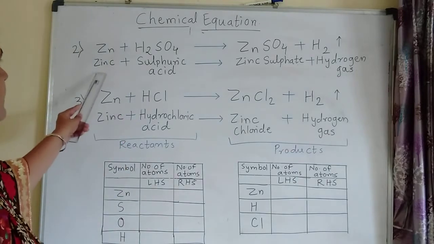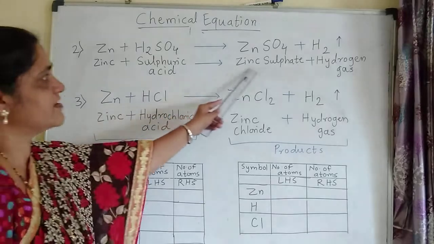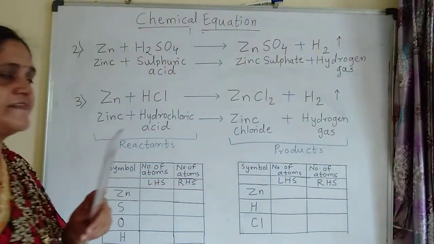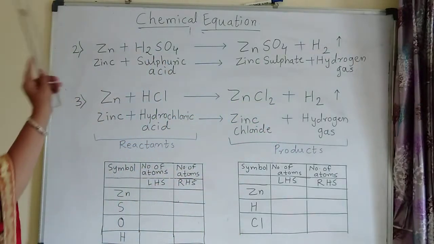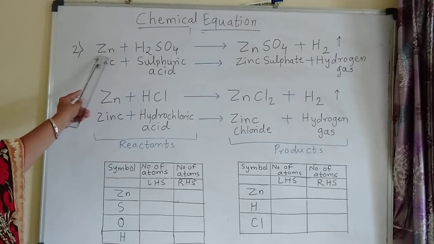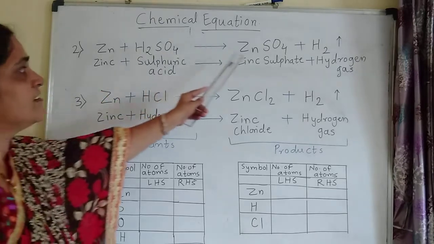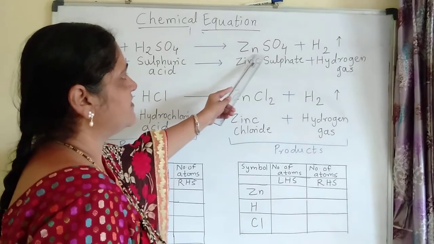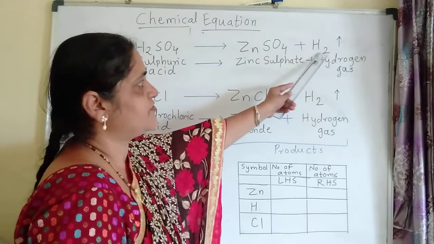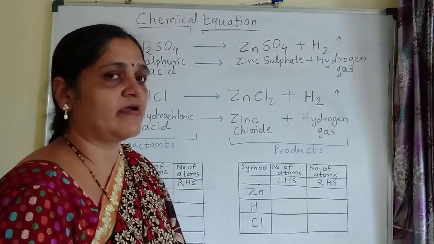So here you get zinc plus sulfuric acid gives zinc sulfate and hydrogen gas. This is the word equation of the reaction, while Zn is the symbol of zinc, H2SO4 is the molecular formula of sulfuric acid, zinc sulfate's molecular formula is ZnSO4, plus H2. H2 is the molecular formula of hydrogen gas.